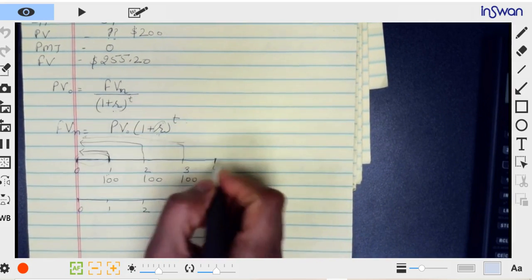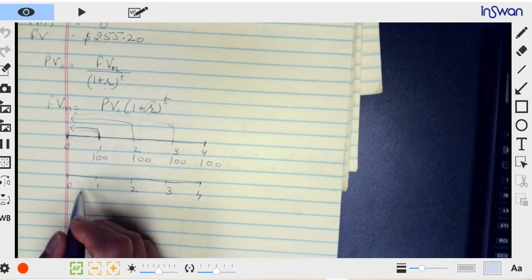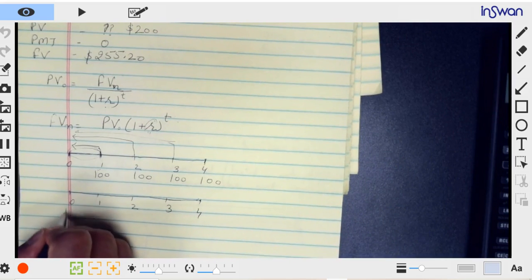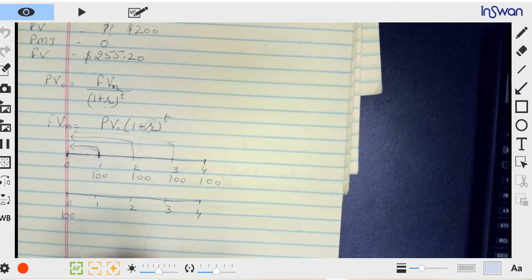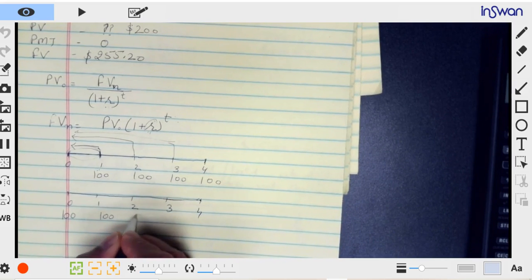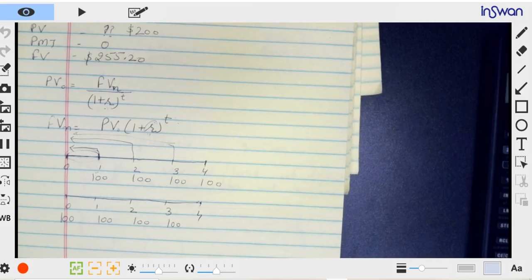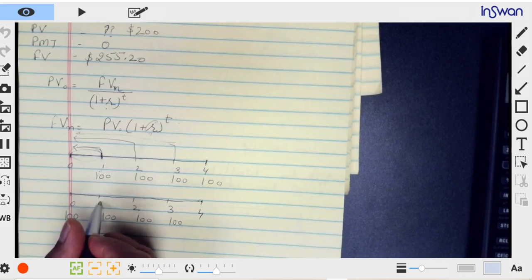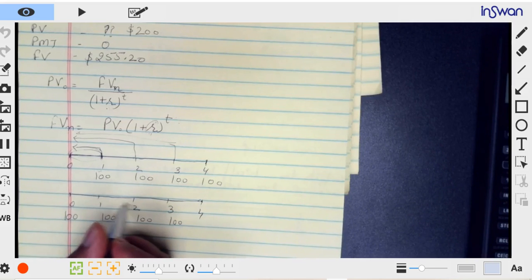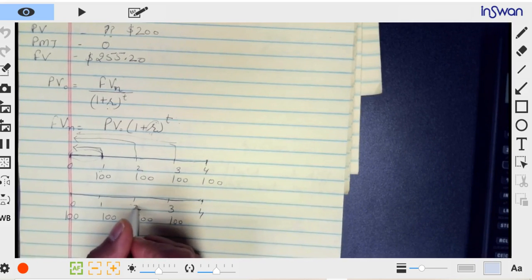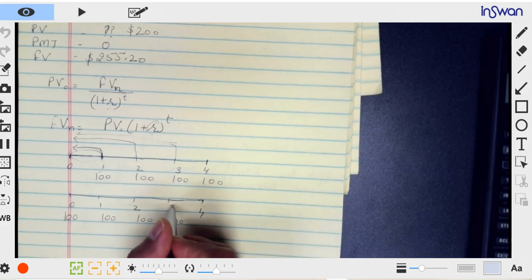Same way, the other situation can be that your first payment starts today. So what happens in that situation? When your first payment starts in the beginning of each period, the beginning of period 1 would be here, beginning of period 2 here, beginning of period 3 here, beginning of period 4 here.